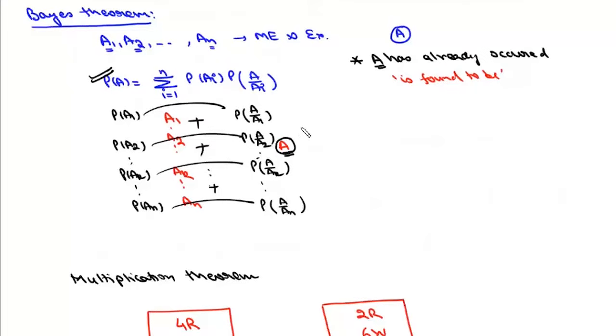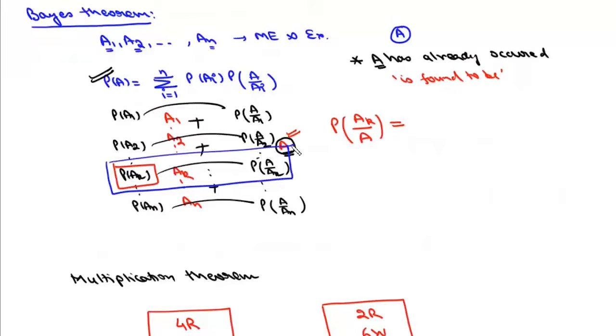So now in Bayes theorem, it will ask if this second event has already happened, then find the probability that it has happened through any one particular previous event, say this AK. So in this case, we have to find the probability that if A has already occurred, then this previous event was this event AK. So in Bayes theorem, all we simply need to do is we'll take this case, which is the favorable case, in the numerator.